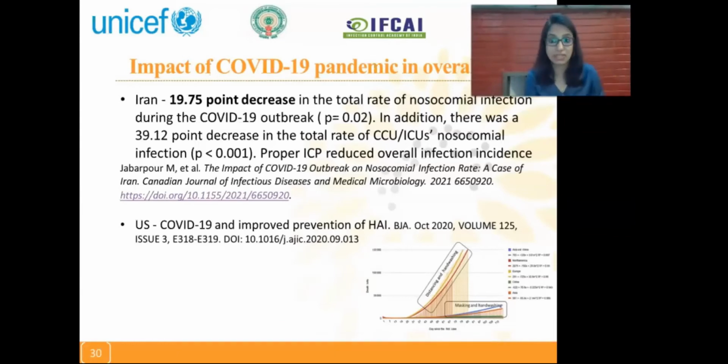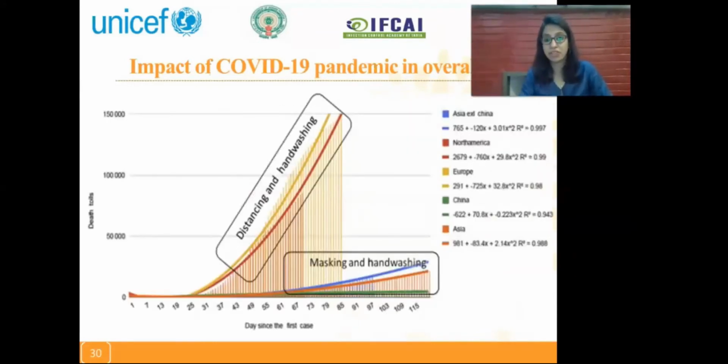It's very highly transmissible. But the doctors and the nurses who are at risk of several other infections, if you follow infection control practices properly, you clearly see there's a reduction in hospital-acquired infections. And there has been a study which showed that with only distancing and hand washing, the number of hospital-acquired infections increased.